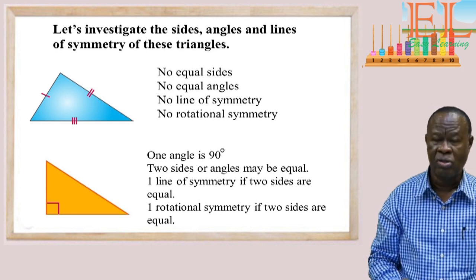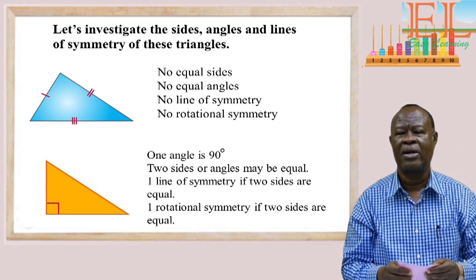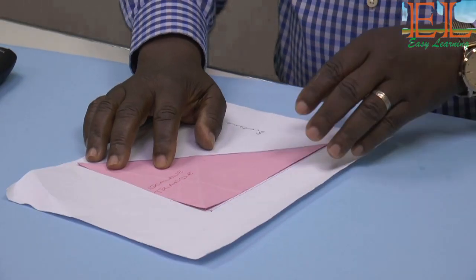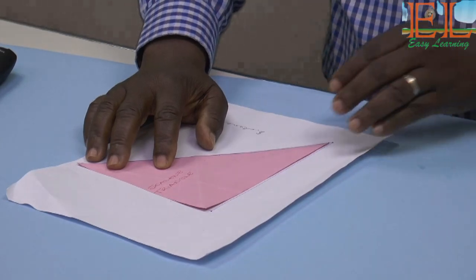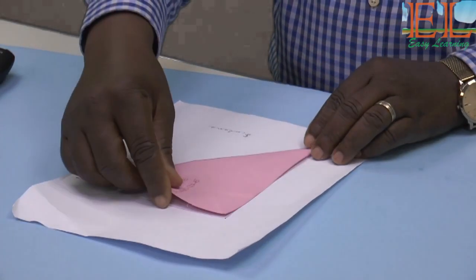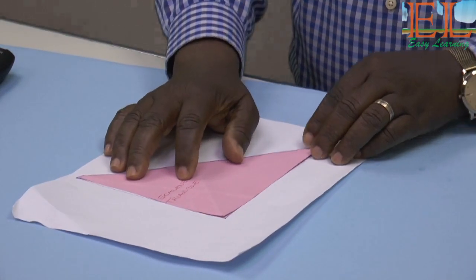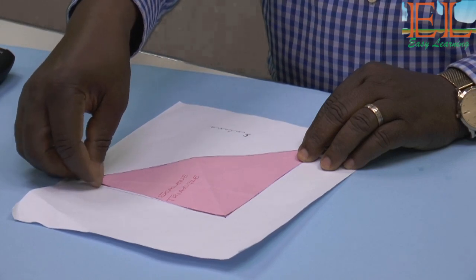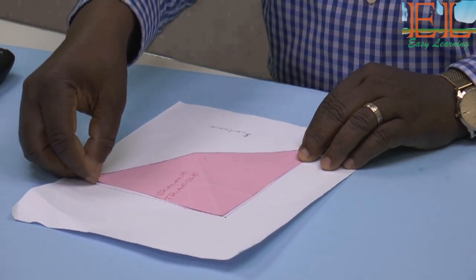Again, we demonstrate how to find the rotational symmetry of the scalene. So we put the cutout on the drawing here, and then we hold one part to the various vertices to see whether it will fit into it.